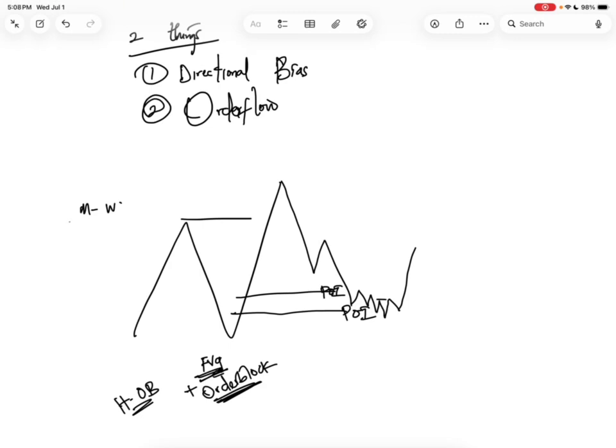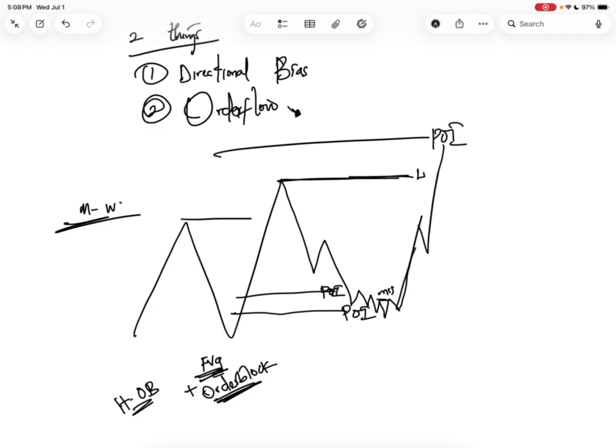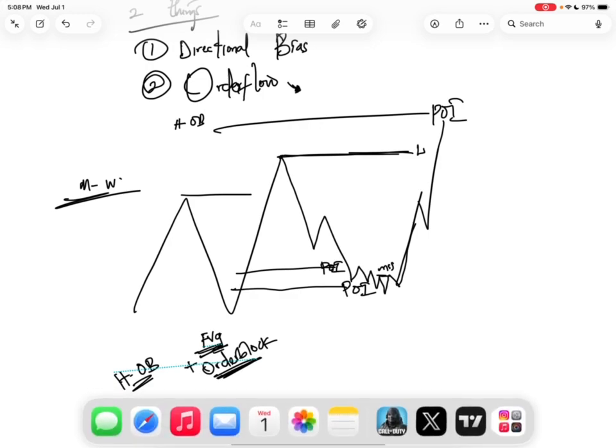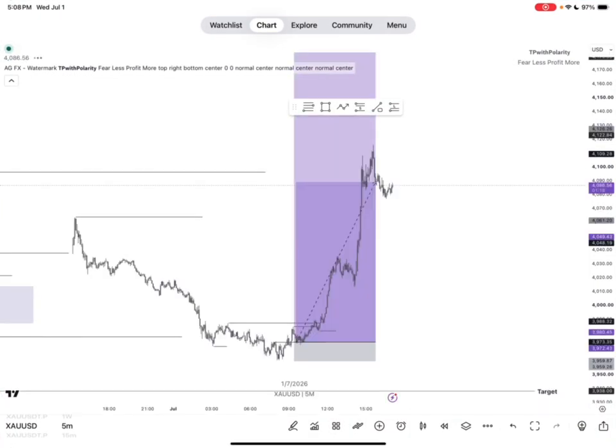When you are done with framing your directional bias, you can then go into the lower time frame, which is your order flow, to look for a market structure shift to consider your trade, and then you can swing it to the next liquidity zone, or probably the next POI that is above, a higher probability order block that is above. So apparently that's how it works. Now let me take you into the charts.